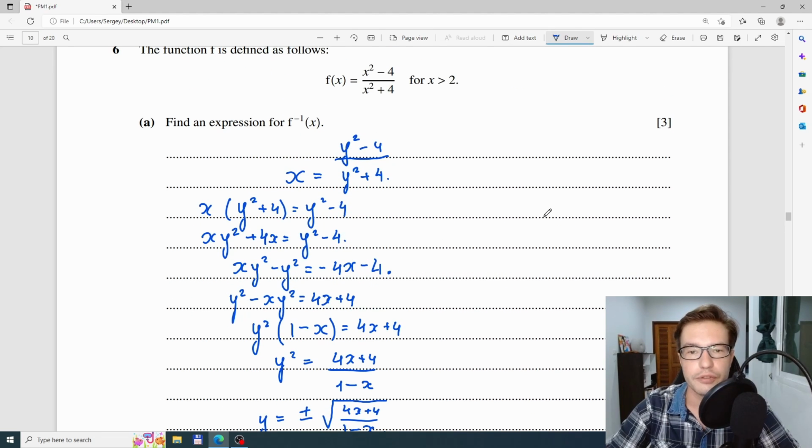Okay, I will have to look at the original question, and I see that the function is defined for x bigger than 2. So let's say x is going to be 3, and I want to know what's going to happen. And I find f of 3, that's going to be 9 minus 4 over 9 plus 4. So I get 5 over 13.